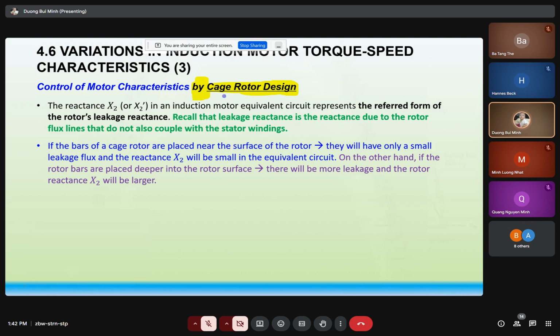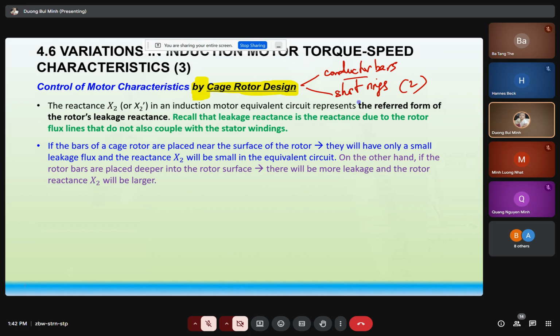For the squirrel cage rotor designs, we have a conduction bar, and we have shock rings. We have two shock rings, right? So if we modify this mechanical construction, if we modify the surface of the conduction bar, we will get different rotor designs.